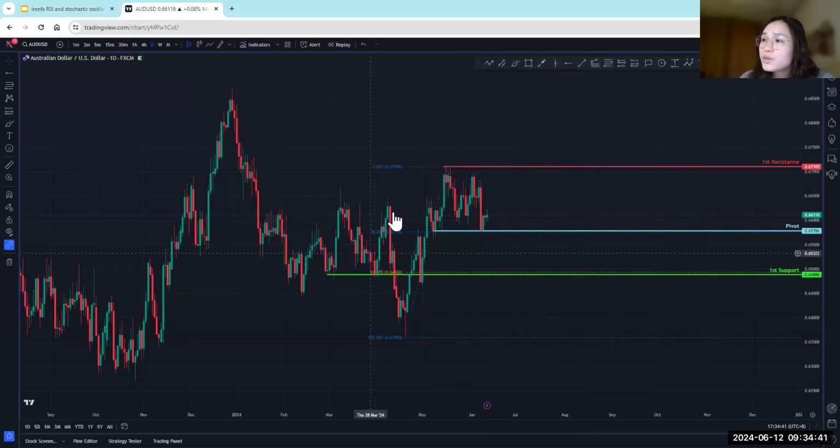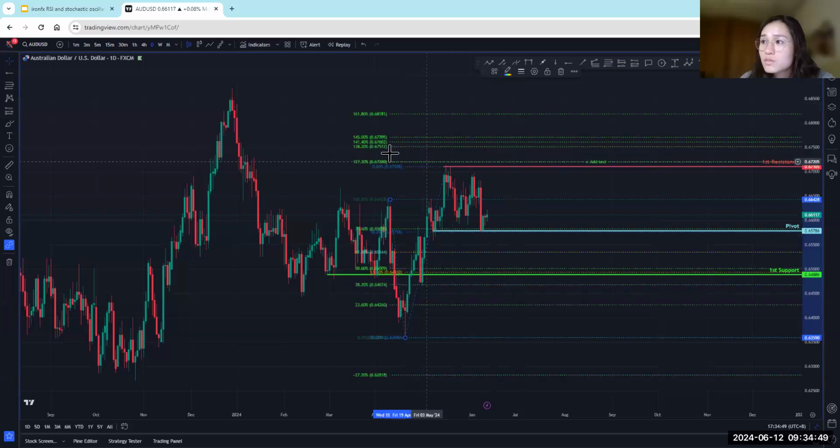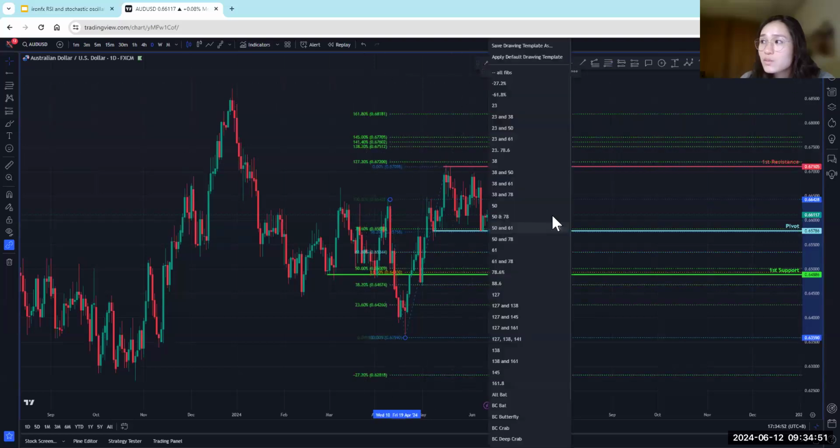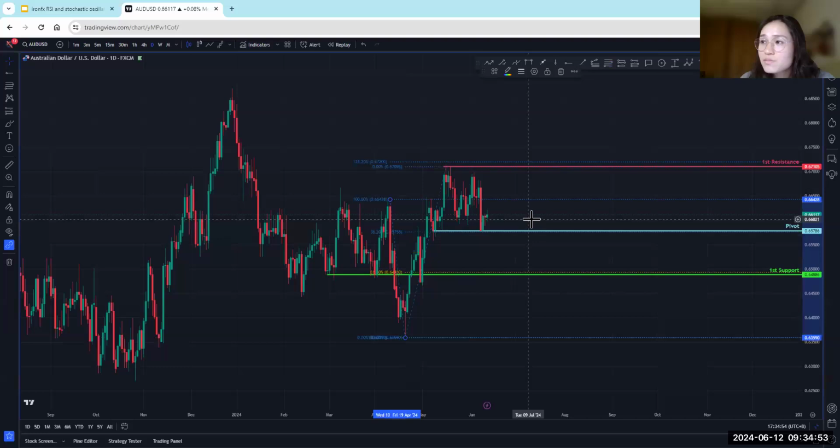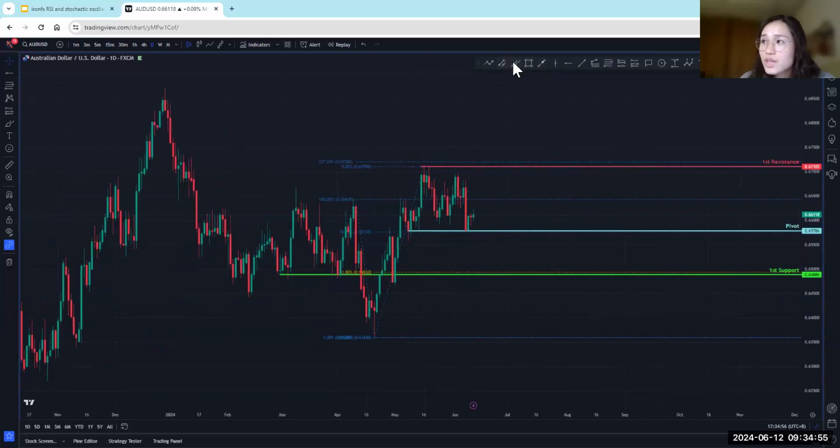Okay, now I'm going in with a Fibonacci extension. My 127 lines up with my first resistance. So for that, we used this Nike tick shape that you see here. Let's see if we have any projections.